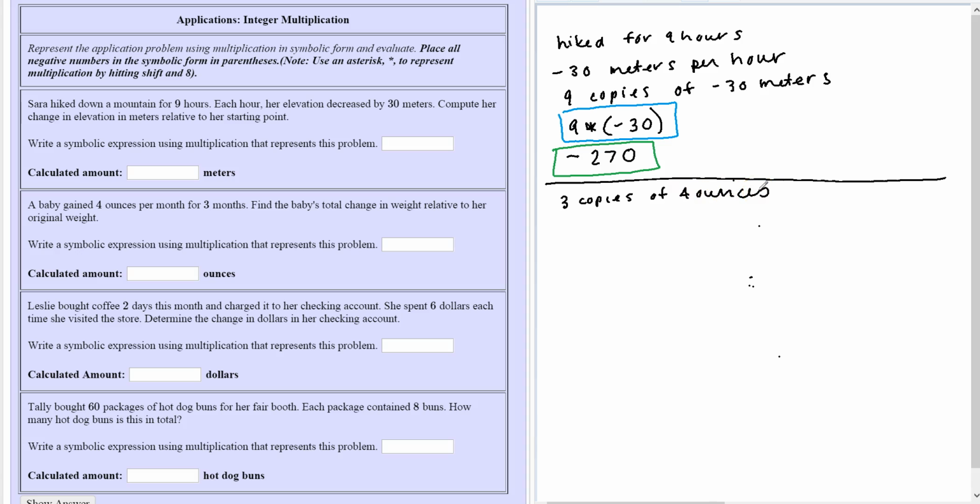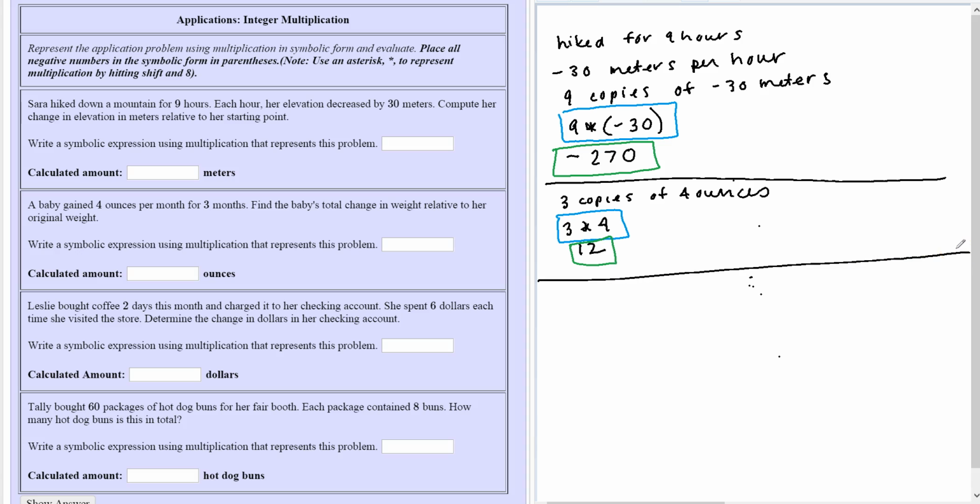It means 3 times she's going to gain 4 ounces, so 3 times 4 would be our symbolic expression. And notice they're both positive because the ounces she's gaining. And the calculated amount of 3 times 4 is 12. So here's our expression, and here's our calculated answer.